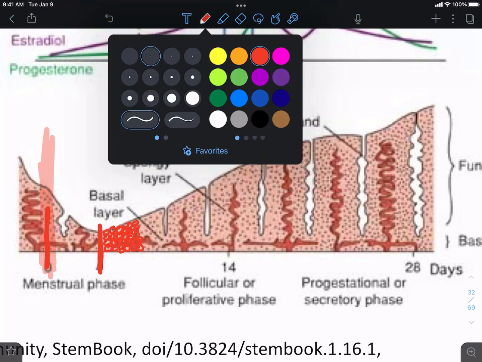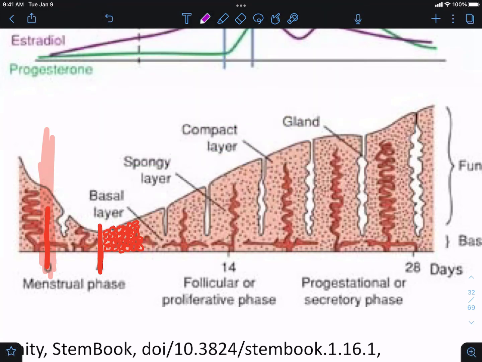As it thickens, remember angiogenesis? We talked about it with cancer. These cells begin to release chemical signals, and those chemical signals stimulate the development of capillaries, the growth and development of blood vessels that embed themselves further and further into the endometrial layer, supplying the tissue with the blood that is necessary for this mitosis to occur.